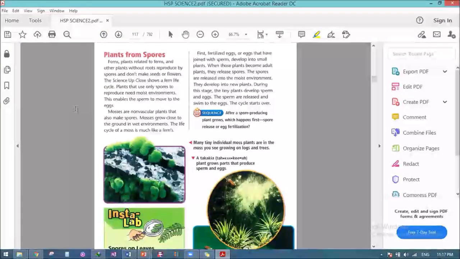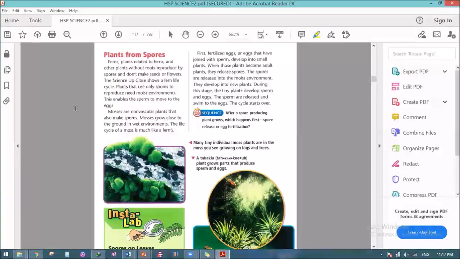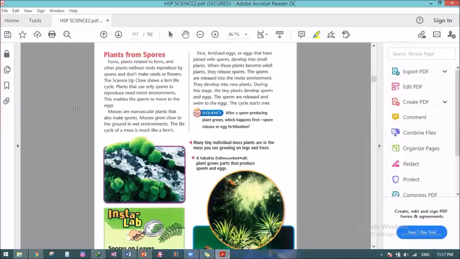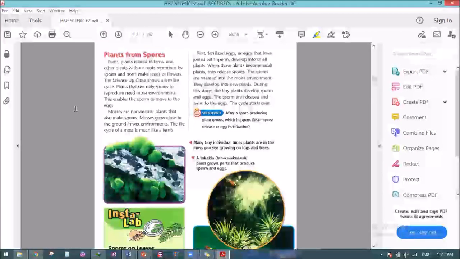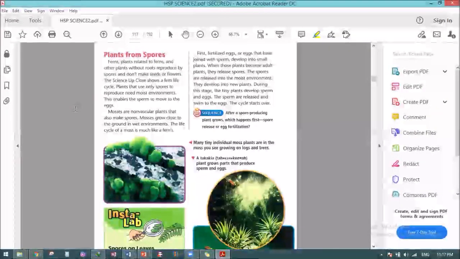Now the other type of plants, which are the plants from spores. Some plants do not develop seeds, as we learned in lesson 2 in chapter 1, the non-vascular plants. Remember, non-vascular plants do look like plants, but they do not have real roots or stem or leaves. They have structures that look like roots and stem and leaves.